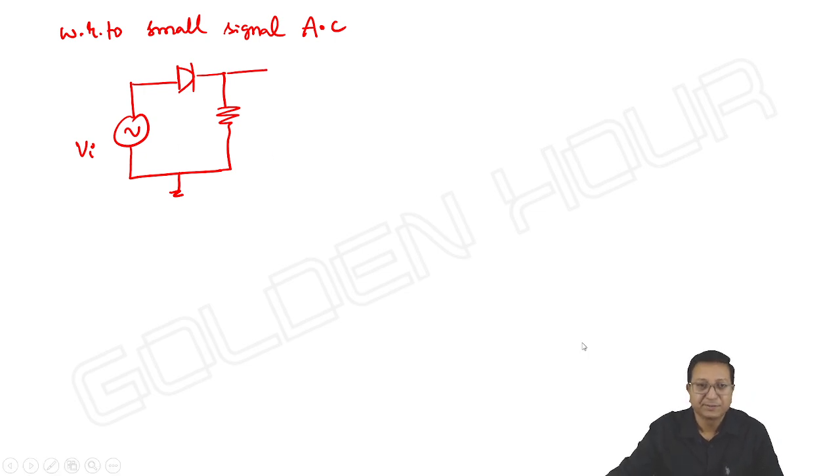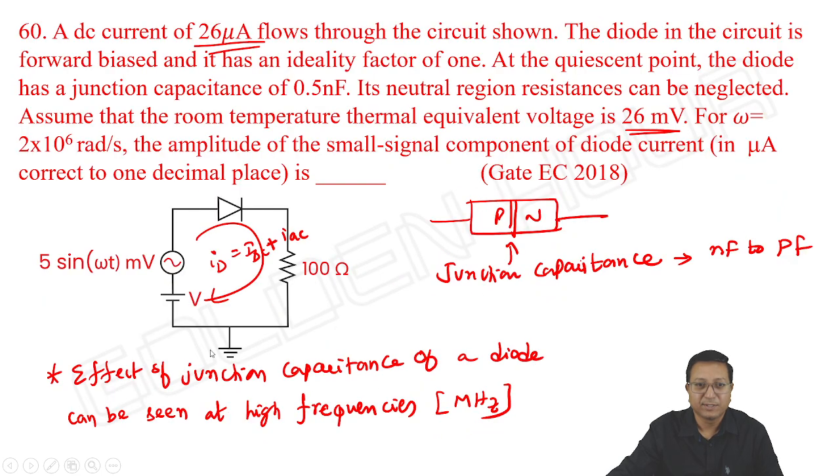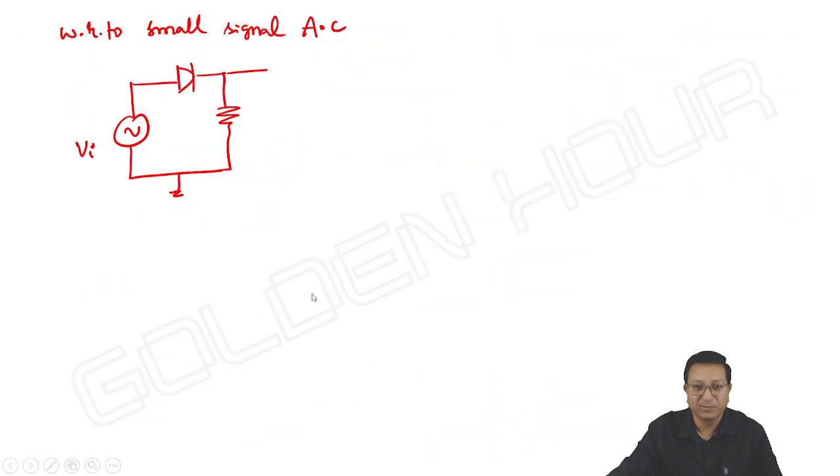Okay. That DC source I am removing and write AC source 5 sin omega t millivolt and 100 ohms.